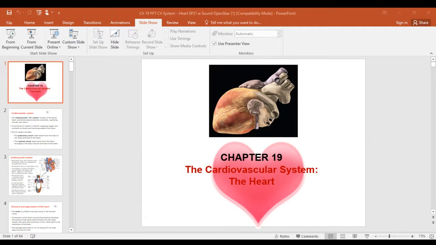Left atrium. Here's the bicuspid valve with the tendons and muscles, and then same thing on the right side. The right ventricle or right atrium, and then the valve, and then the ventricle down here. And the pulmonary valve, the aortic valve.